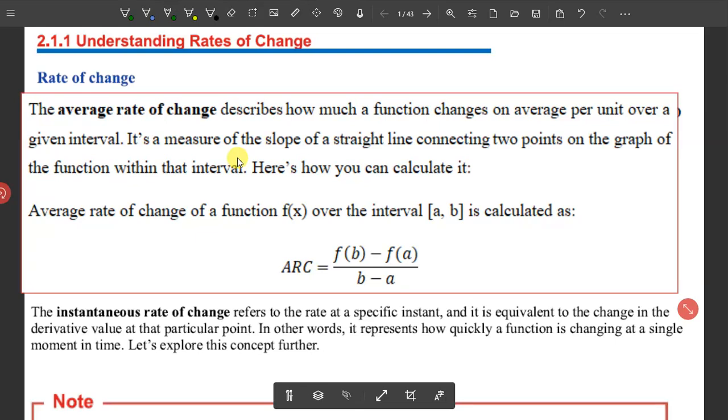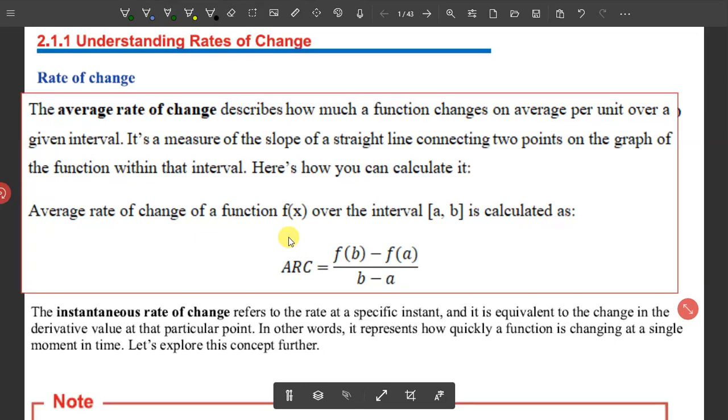The average rate of change describes how much a function changes on average per unit over a given interval. It is a measure of the slope of a straight line connecting two points on the graph of the function within that interval.